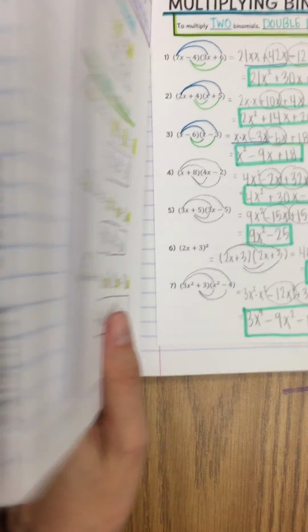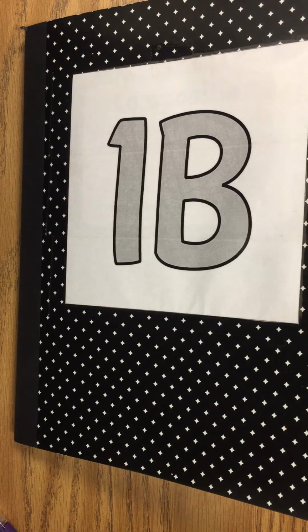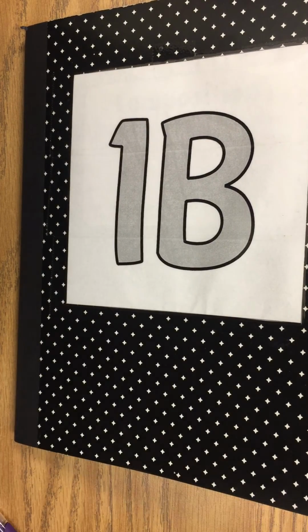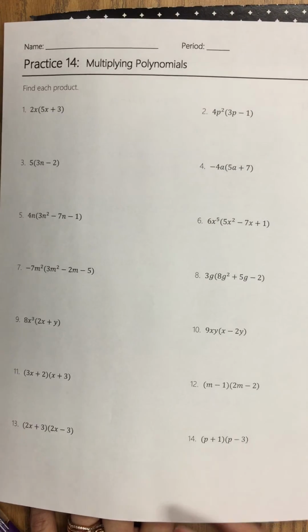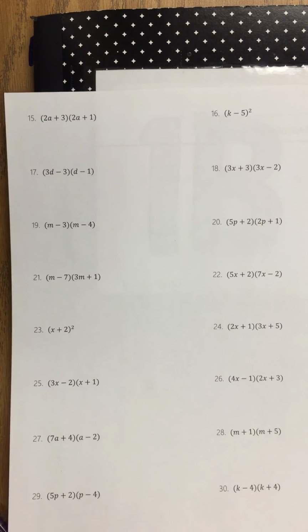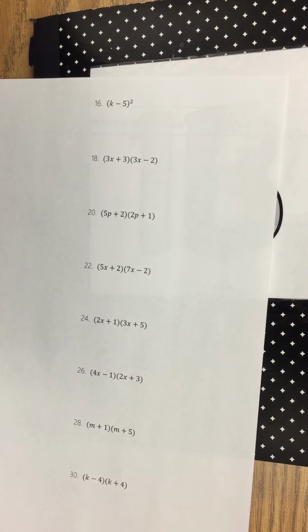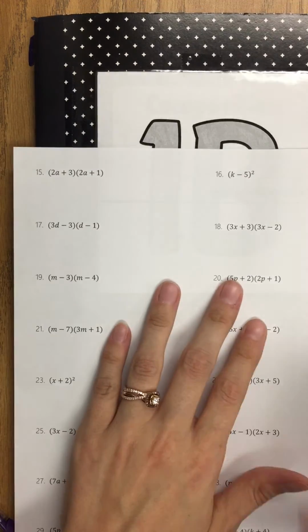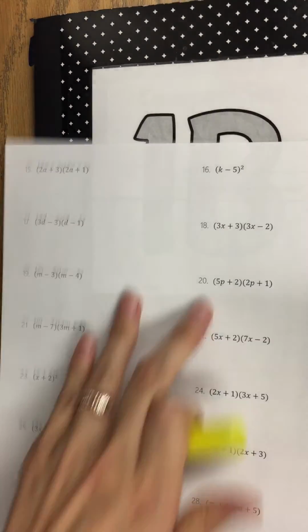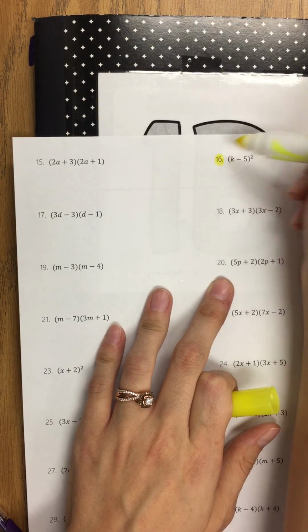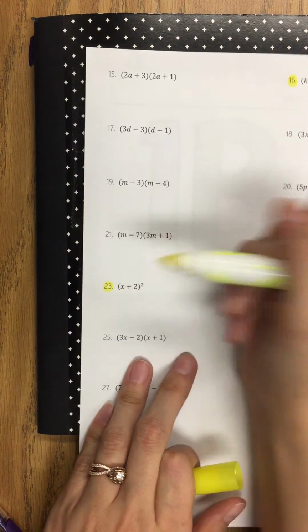Okay, this guy, and by this guy I mean the homework for this guy, is longer than the last one. He's 30 questions long. And like I said, 20 of them are the double distributing. So one thing to note is that you have those weird ones on the back. You have one for 16 and one for 23.